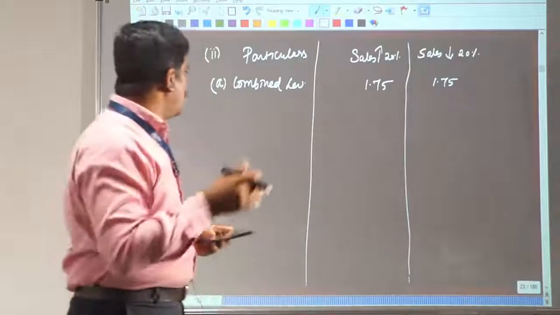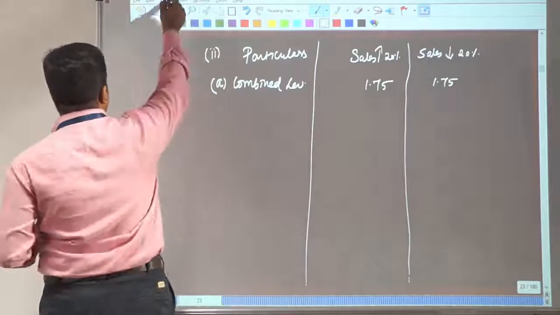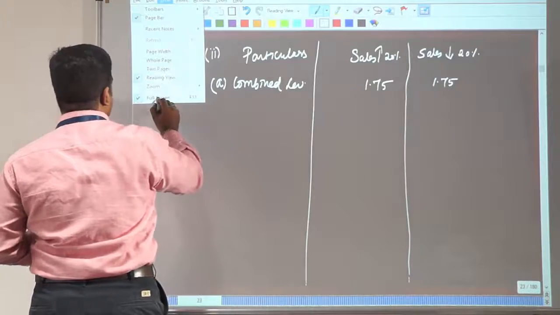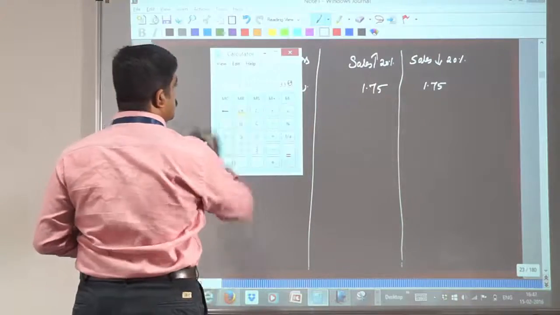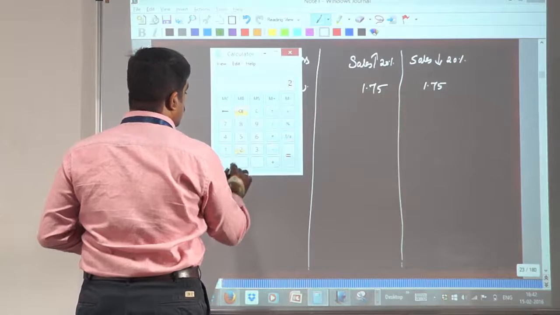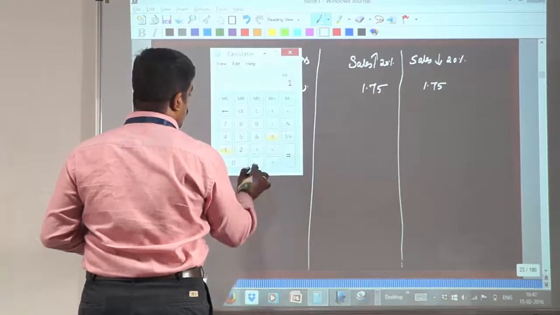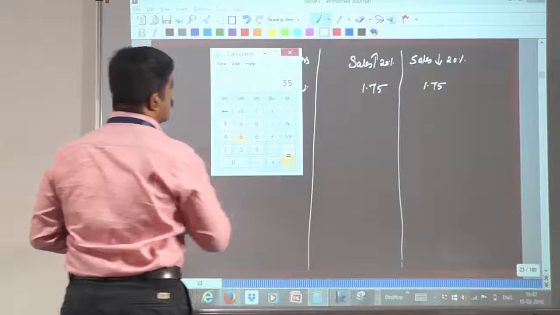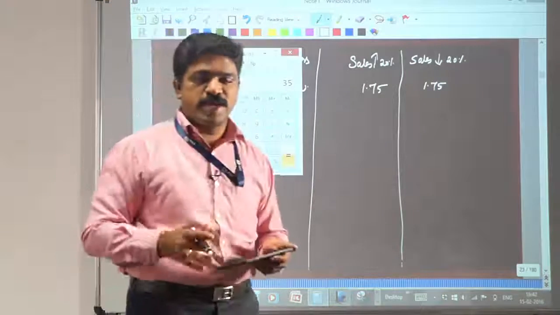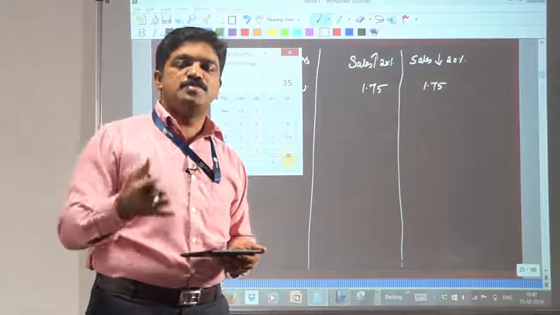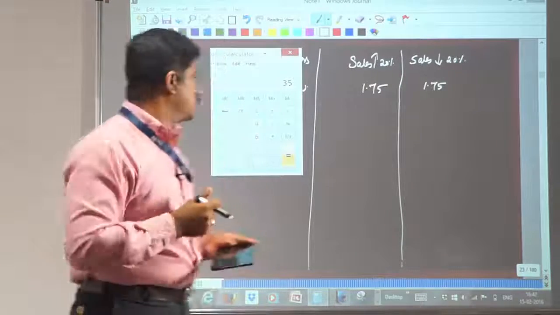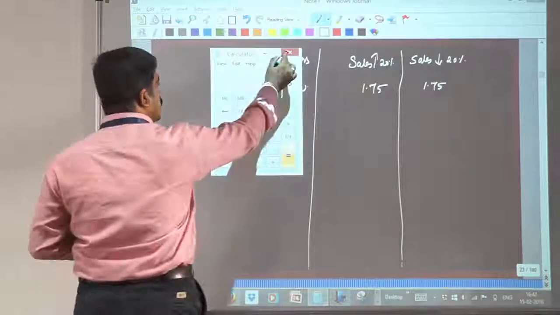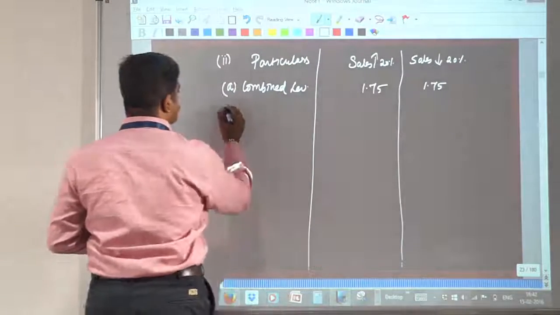So what is 1.75 times of 20%? Let me make use of the calculator. It is 20 into 1.75. That is basically 35%. So it says that if your sales increases by 20%, your EBT will increase by 35%.